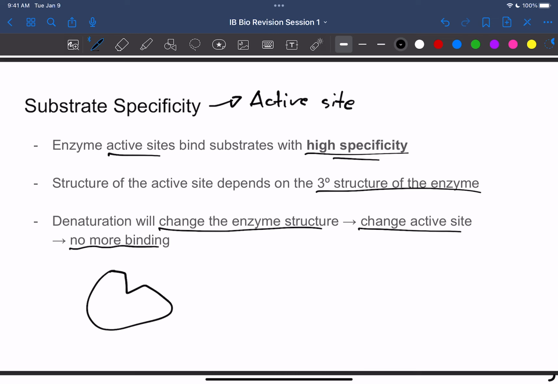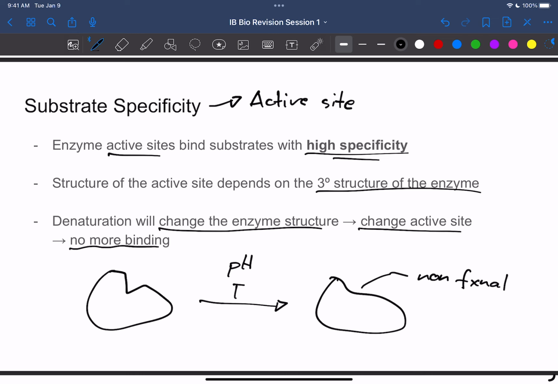Enzymes are like any normal protein. And when you change pH or temperature, or both, you can cause a no longer active site. So enzymes can be affected just like proteins, and their function is also affected. So substrates can no longer bind.